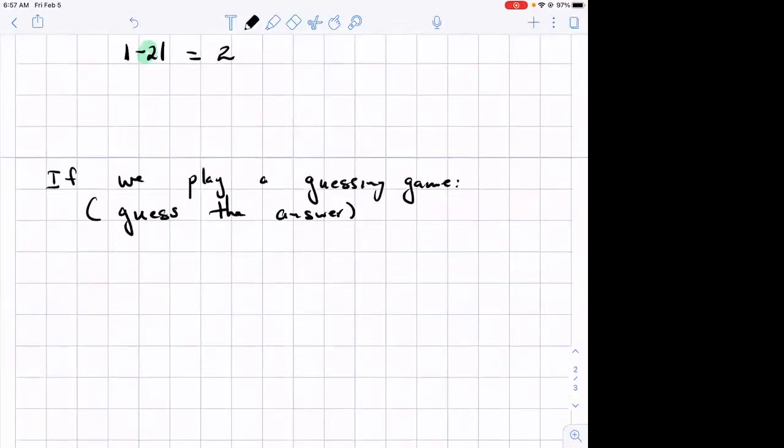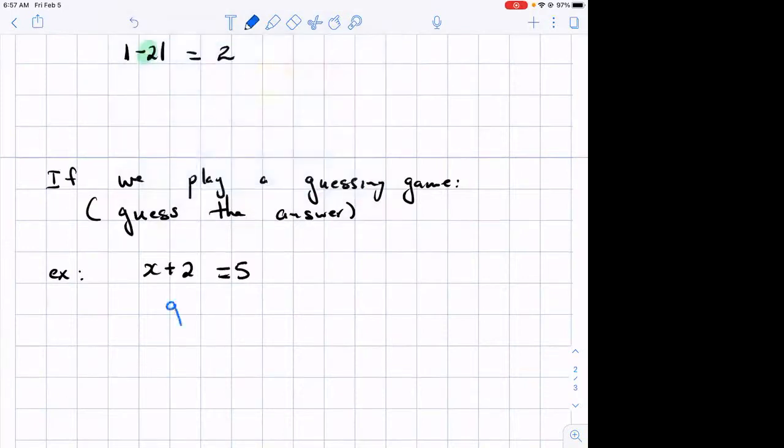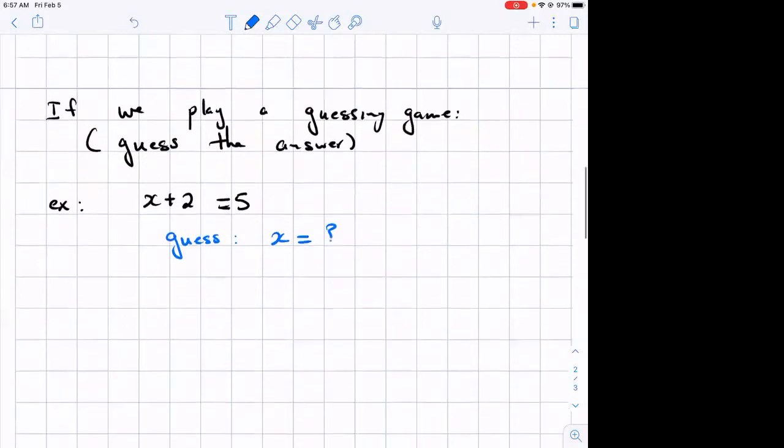For example, if I tell you that x plus 2 is equal to 5, what would you guess x should be equal to? Obviously you can do this in algebra, but what plus 2 is equal to 5? Your guess should be 3.